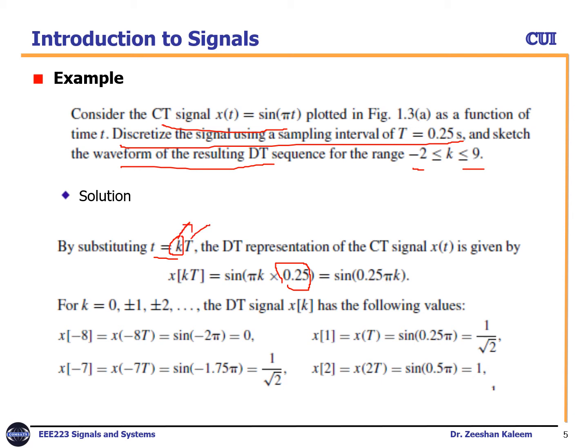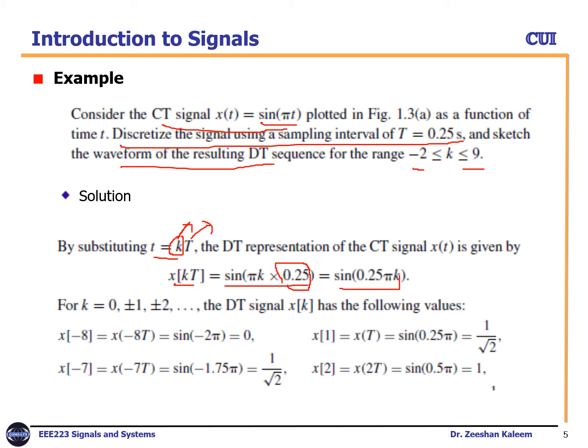So T is the period and k is the exact time at which the sample is taken. We replace t by kT, where the value of T is 0.25. So the signal becomes x(kT) = sin(pi k times 0.25) = sin(0.25 pi k).